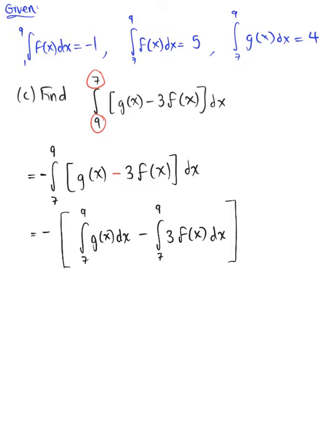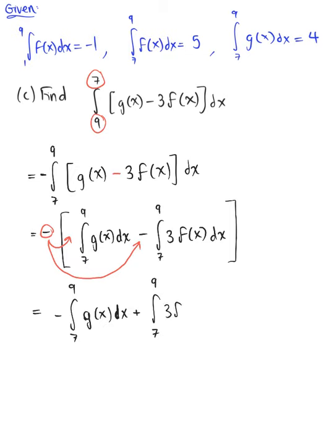Let's distribute this negative through so we have a little bit less going on. This leaves us with minus the definite integral from 7 to 9 of g of x dx plus the definite integral from 7 to 9 of 3 f of x dx.